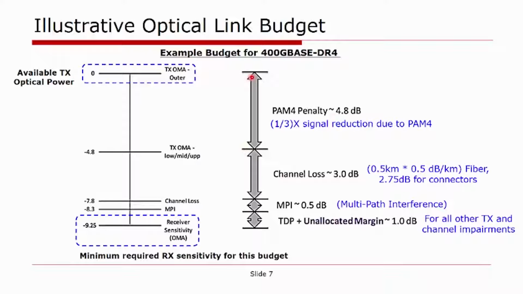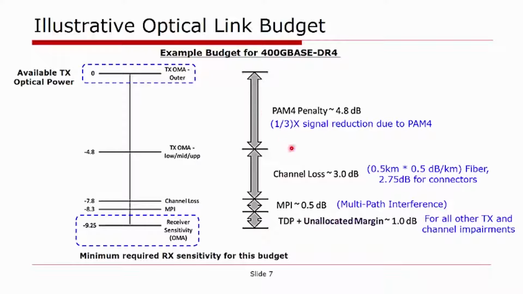For example, in this graph, the first penalty that's added is the PAM4 penalty, which reduces the signal strength by about 1/3, and so that's the 4.8 dB reduction. Then we add the penalty to the channel loss, which is around 3 dB due to multipath interference, and then finally all other transmit impairments like bandwidth limitations, nonlinearity, and so forth.